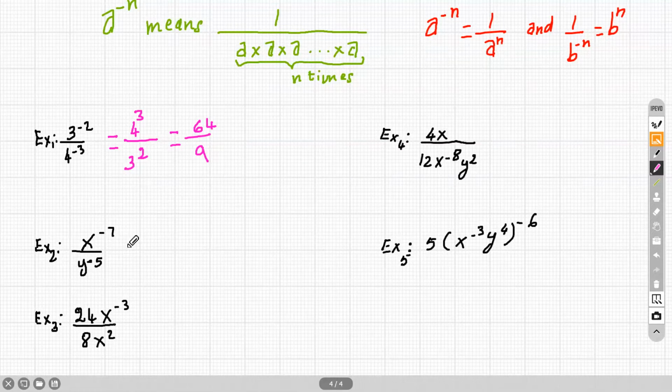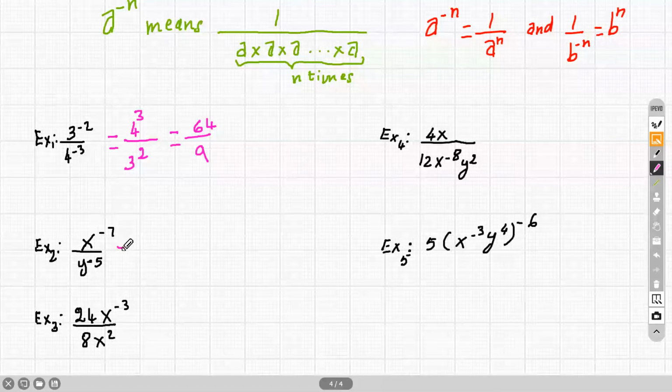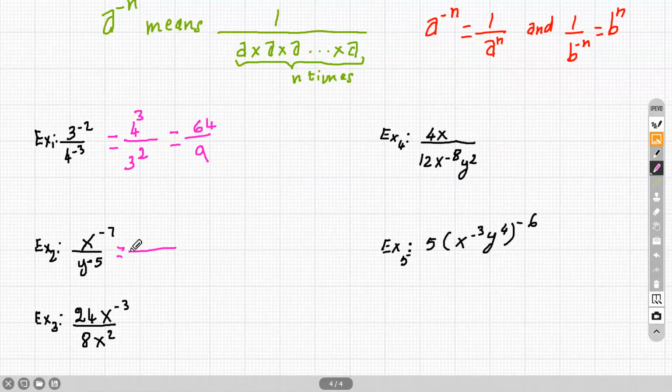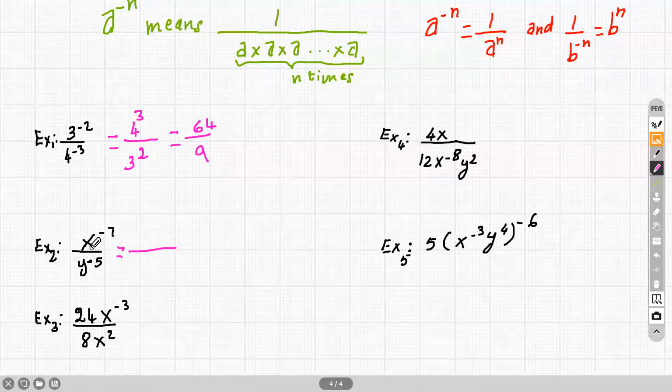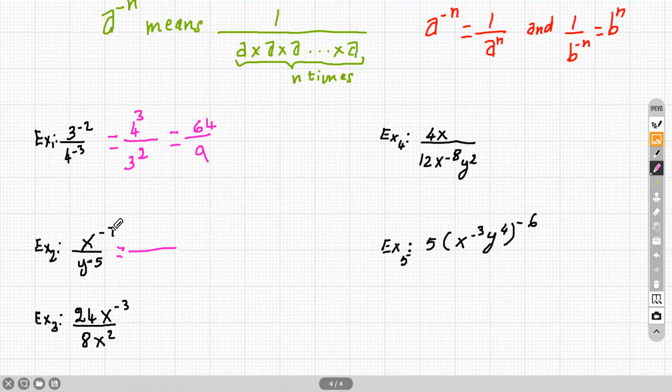Let's see example number 2. So x is raised to the power of negative 7. In order to get rid of that negative, I will bring that to the denominator. Whenever you move an exponent, the sign of it changes to the opposite. So that would be x to the 7.